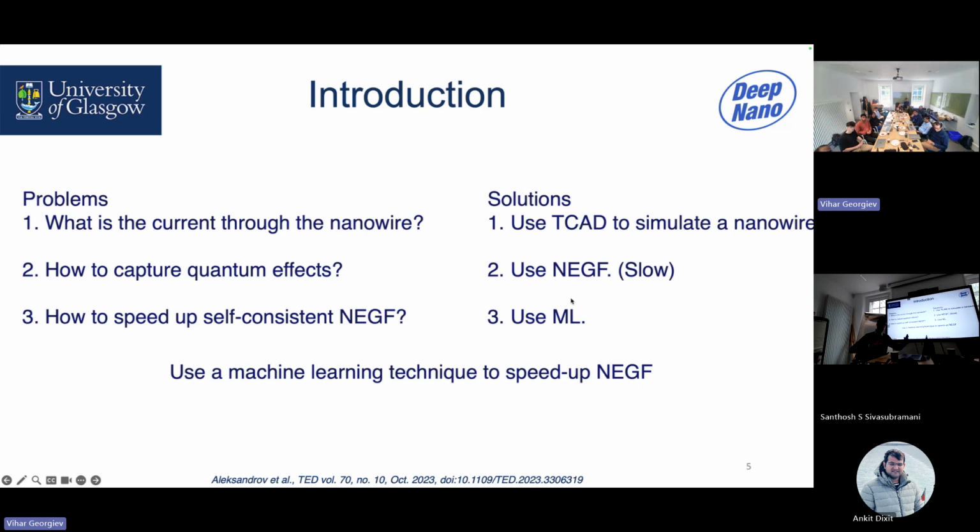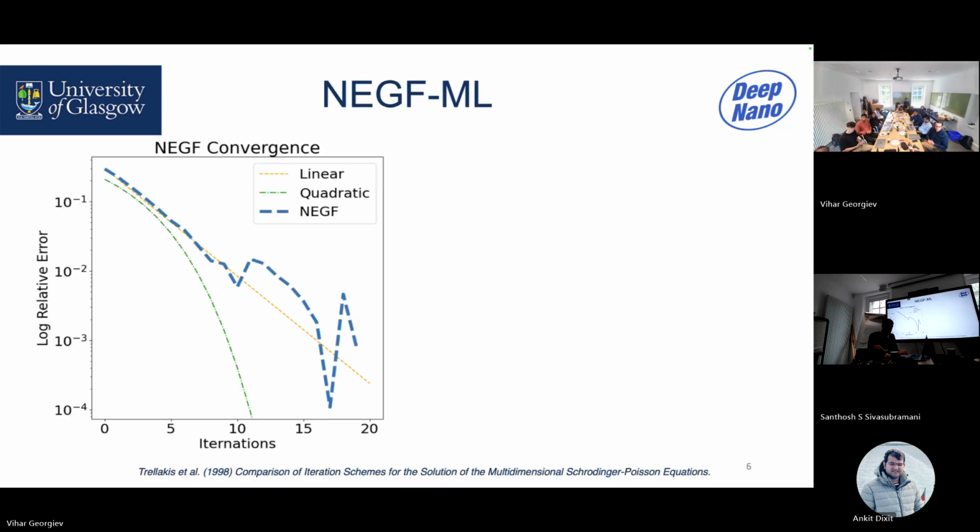You need to solve them in a loop until you reach some tolerance to finish the job. And you start with some kind of wrong guess of the system. What you can see here is error versus iterations.